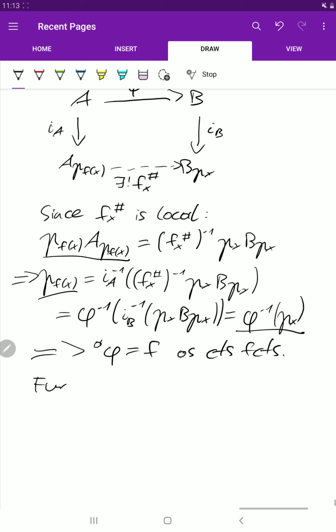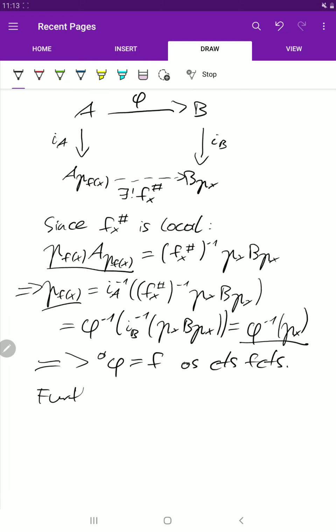And now what we also have is that a phi, and this map on the stalks, makes the previous diagram commute.